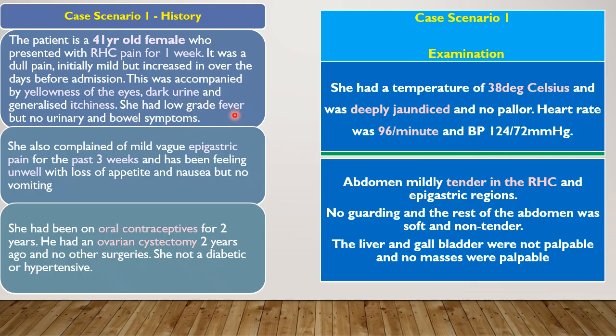She also had fever, but no urinary and bowel symptoms. She had epigastric pain for the past 3 weeks and has not been feeling well since then. She's been on oral contraceptive for the past 2 years and had an ovarian cystectomy 2 years ago.